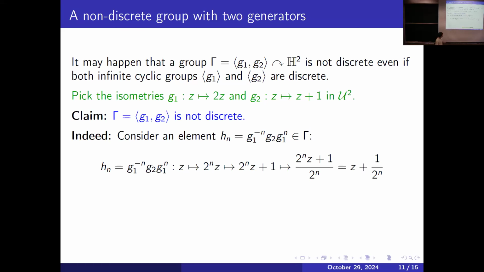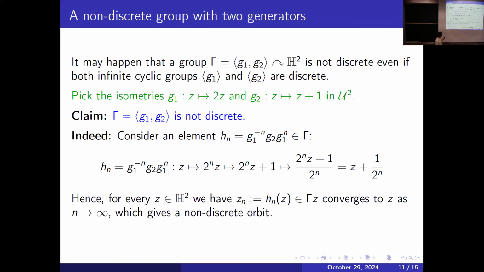Okay, but then this is equal to Z plus 1 over 2 to the power of n. Great. Then for every Z, we have the following sequence of points Zn, which are the images Hn of Z. Obviously, since Hn is an element of gamma, Zn belongs to the gamma orbit of Z, right?